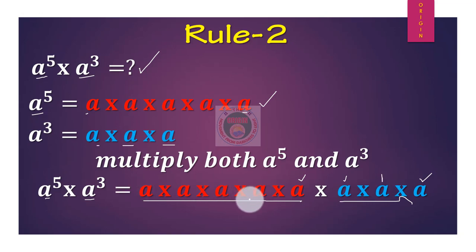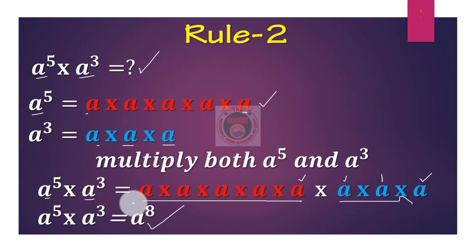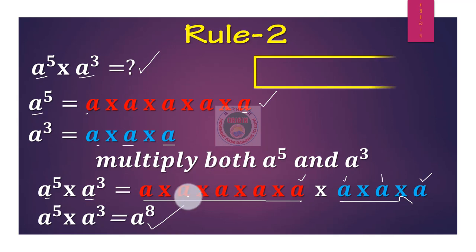Total 8 a's are there. So combined, I write a power 8. This is the result. If you observe the powers, you should add the powers when the base is equal and the two expressions are under multiplication. That is rule 2.